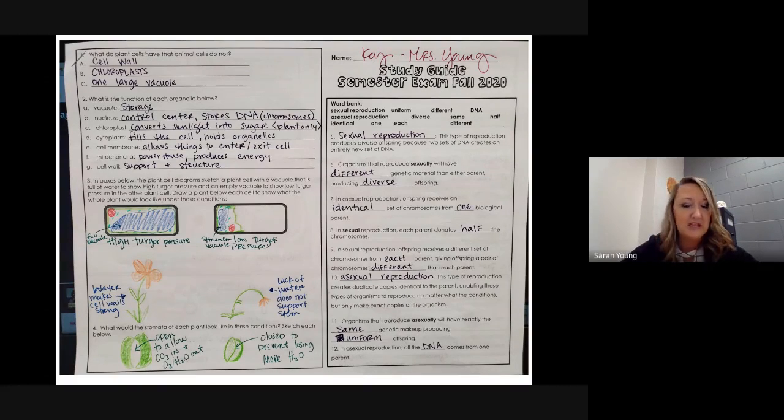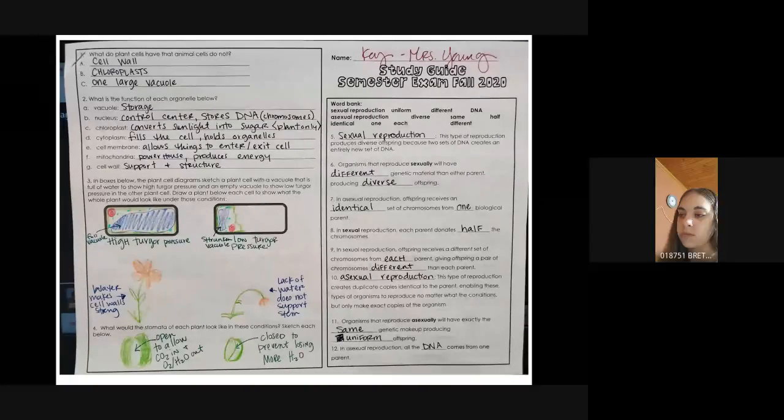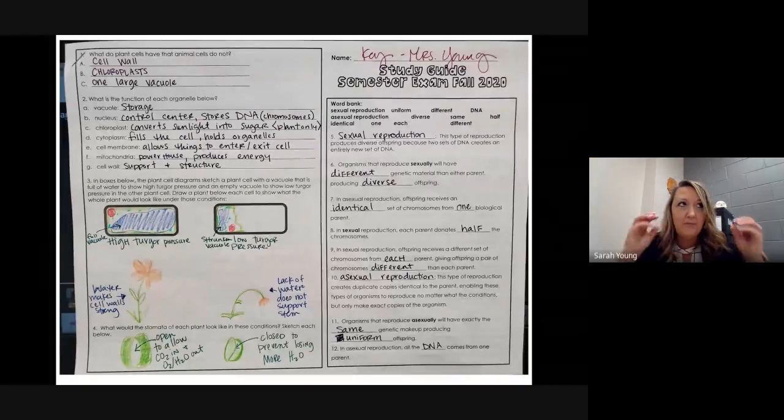So remember, you're going to see those words different, half, diverse. Those are going to be for sexual reproduction. Asexual reproduction, you're going to see words like identical, one, duplicate, to help show you guys the difference in the vocabulary that you're going to see.